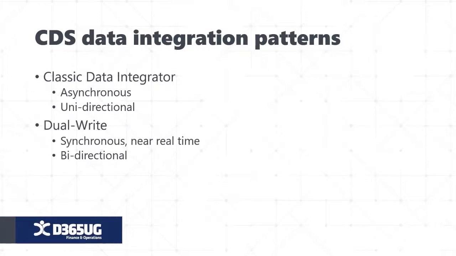The main problem with this pattern is that it uses batch execution, which means you have to schedule the job to perform the synchronization. And that execution always has one direction. It's either finance and operations to the CDS app, or the reverse. So you have to choose a master-slave system, which is the problem. And I will explain why a little bit later.